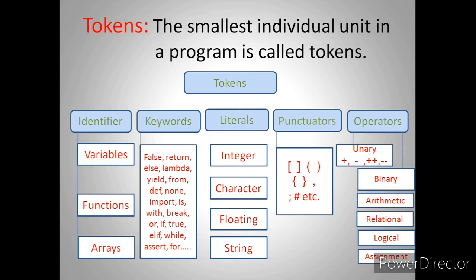Then we have the assignment operator. The assignment operator is the equal to sign. When I say A is equal to 5, that means 5 is assigned to variable A. We can write the assignment operator in a different form. If I say A minus equal to 2, please note it down in your copy, this is also a type of assignment operator.